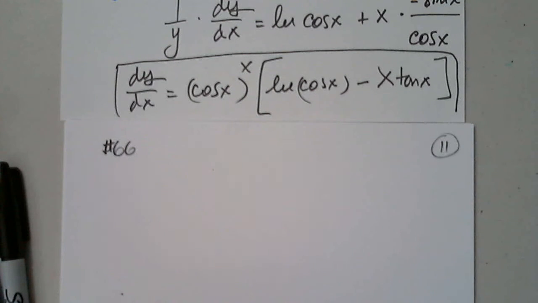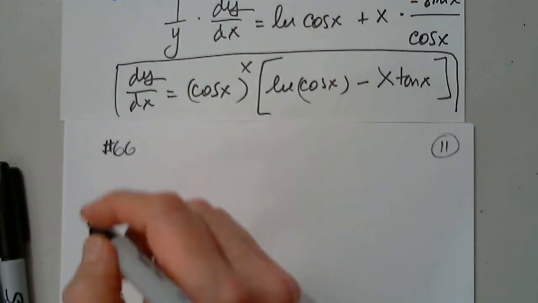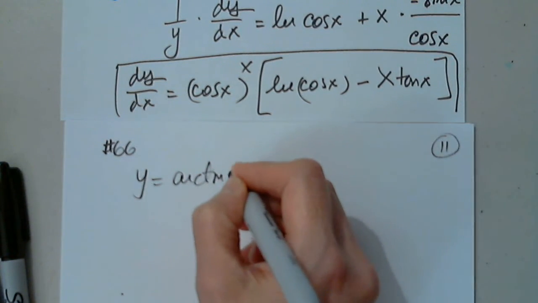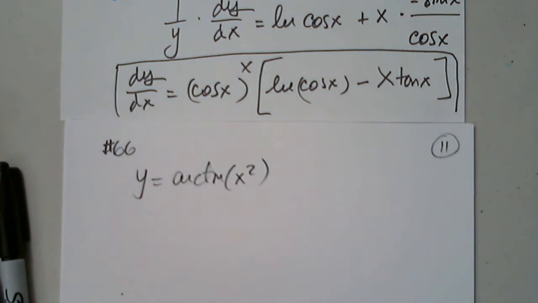So this is the inverse tangent. This is not 1 over tangent, right? So we have y equals arctangent x squared. And I always write arctangent. I almost never write tangent inverse because I think it could be confusing to some, and it's also easier for me to type up.